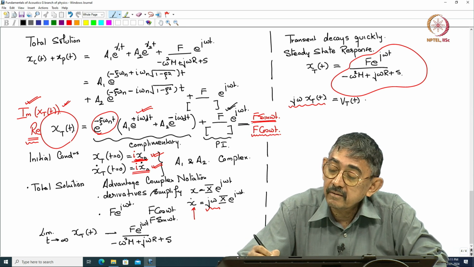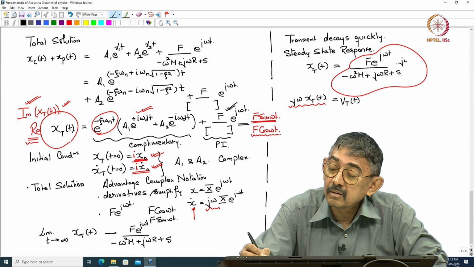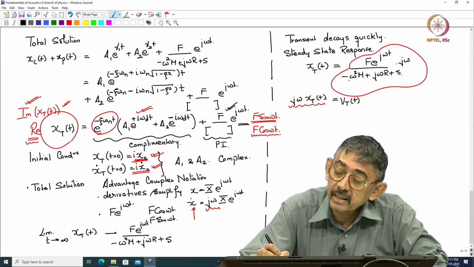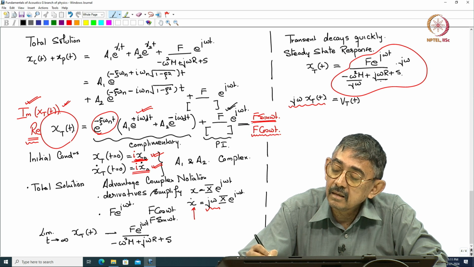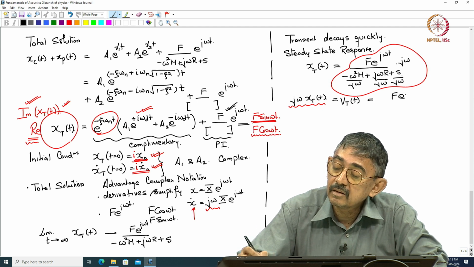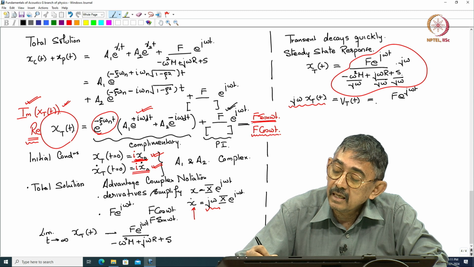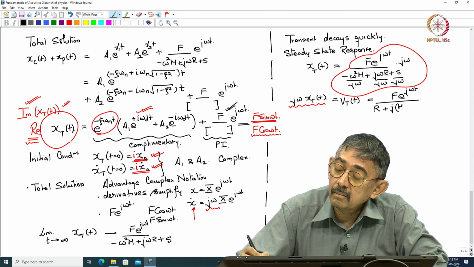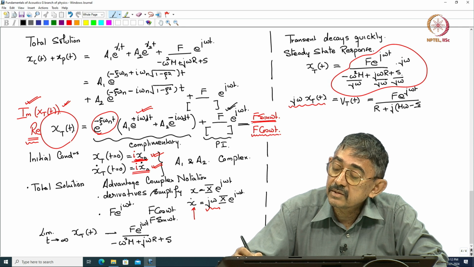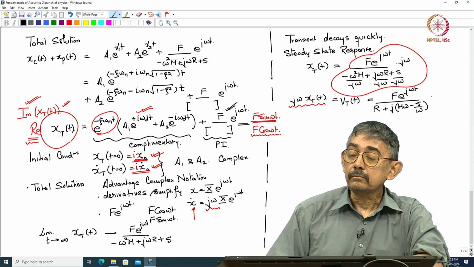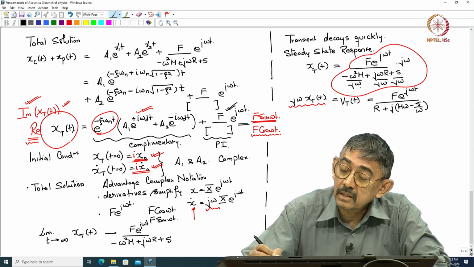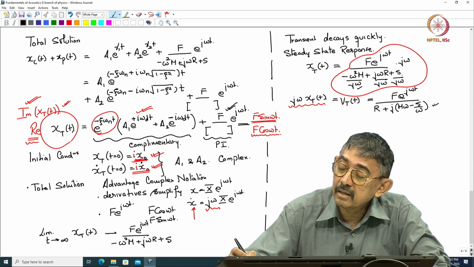And on the right also I have to multiply with j omega on the top, and this j omega I will take to the denominator and divide by j omega. As a result, what happens on the right is I have f e to the power of j omega t, and here I have r plus j m omega minus s over omega. So that this division by j omega has resulted in this denominator.